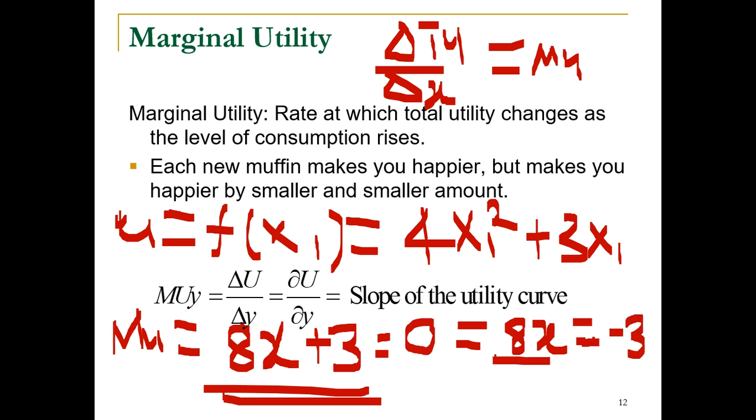Then you divide both sides by 8, and you have x equal to -3 over 8. But of course you cannot have a negative quantity. It's because of the way I've structured the question. If this question had a negative here instead of a plus, everything would have been better, which means the quantity should be positive.